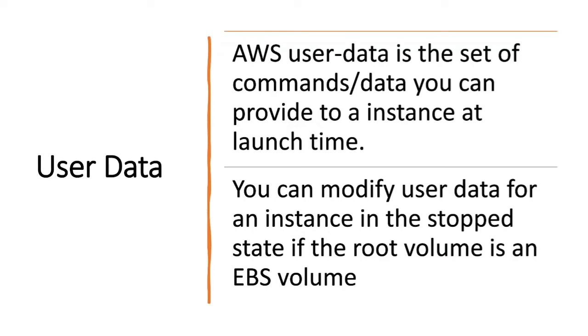So at the time when your instance is ready to use, that means it will be in the running state, all the commands that you have given in the user data will be executed, and all the software that you want to install will be installed at the launch time only. So you will be getting an EC2 instance ready to work, right?